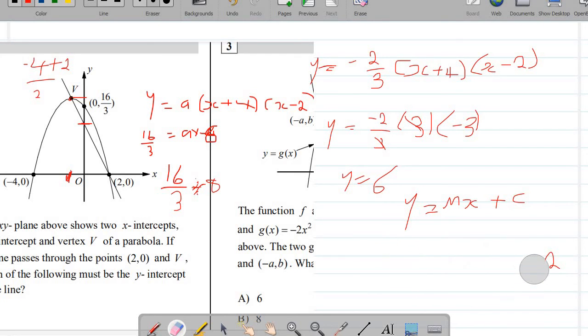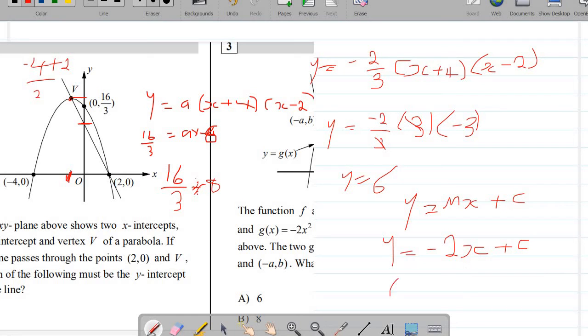Now we're going to have y equal to minus 2x plus c. We know that this place was 6 at minus 1, so we can insert that into the equation.